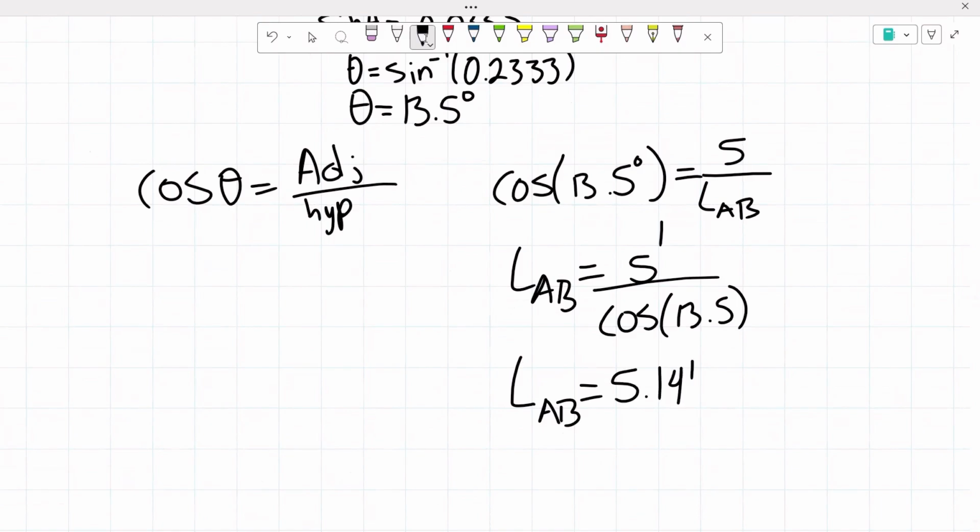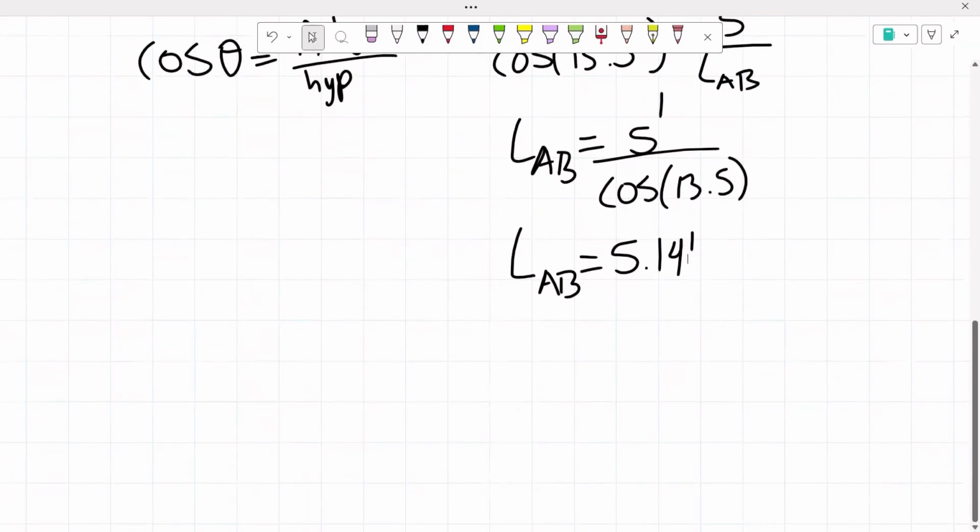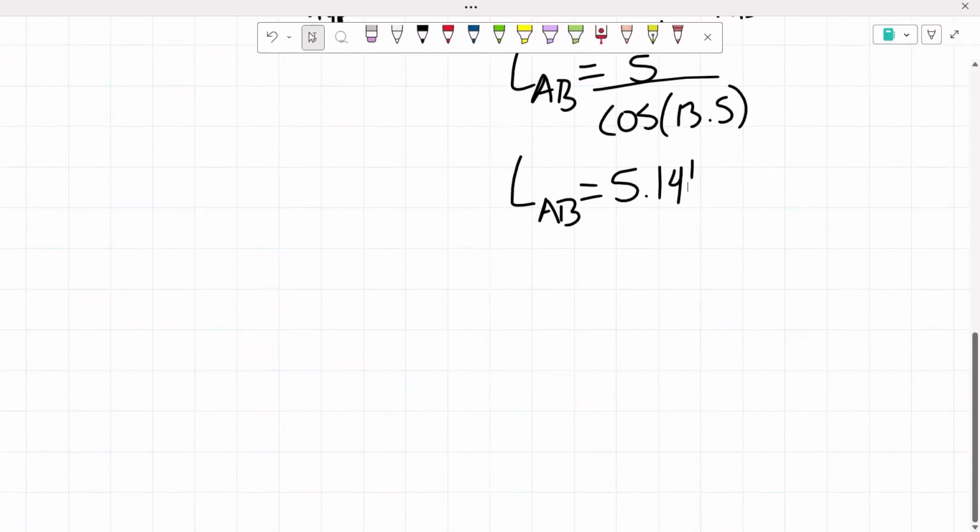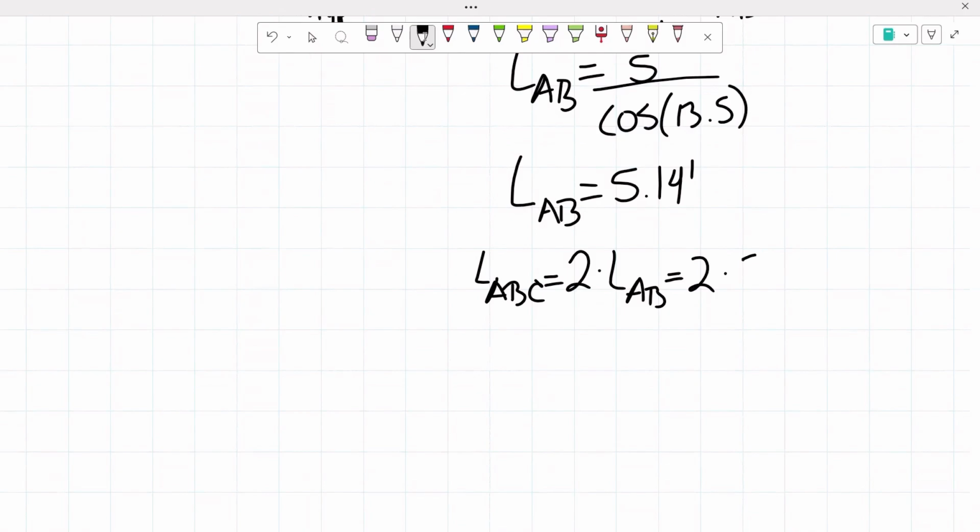That means the length of AB equals 5.14 feet. But remember, that's just the length for one side of it. So the length of ABC is 2 times the length of AB, which is 2 times 5.14 feet.